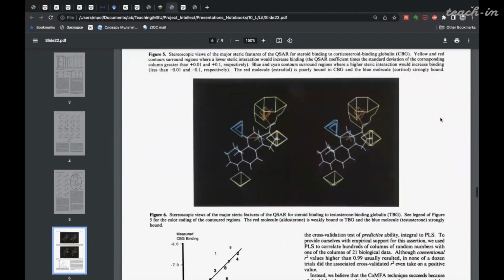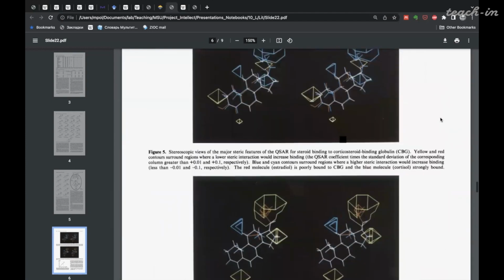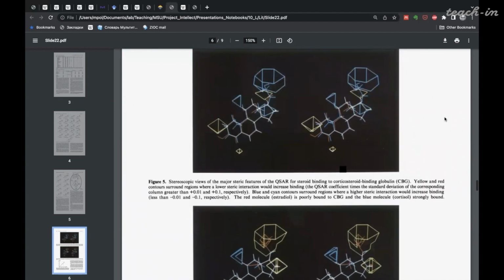So it's crucial to orient the molecules similarly to obtain meaningful results. However, many biologically active molecules are structurally soft, so they undergo rapid conformational interconversions, and these can proceed really rapidly.